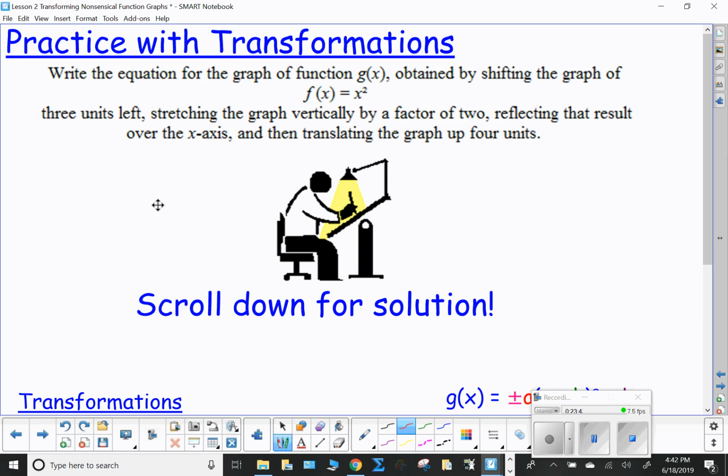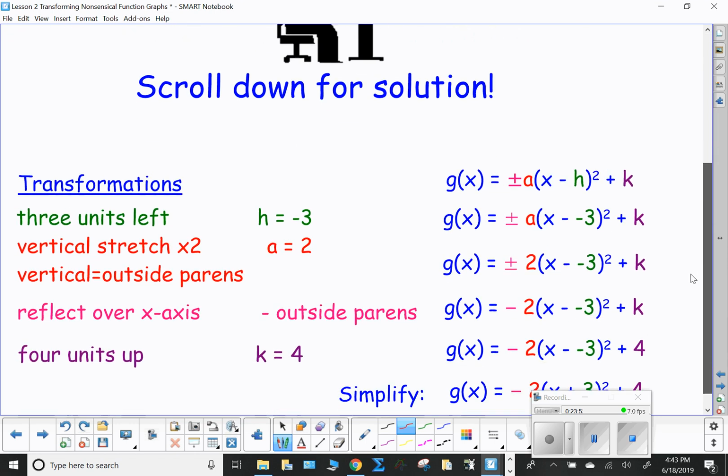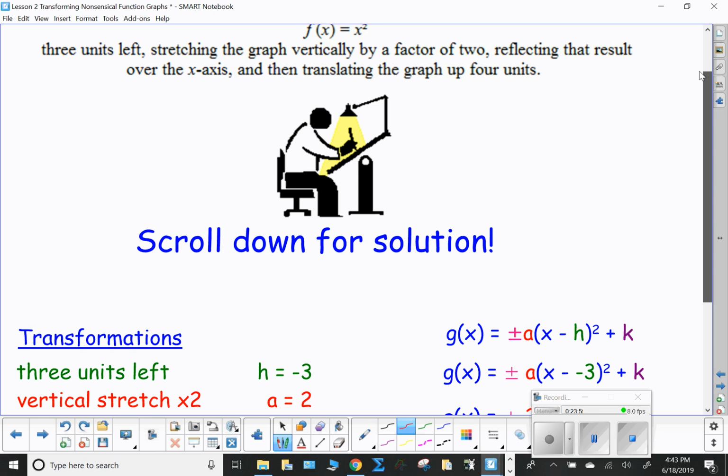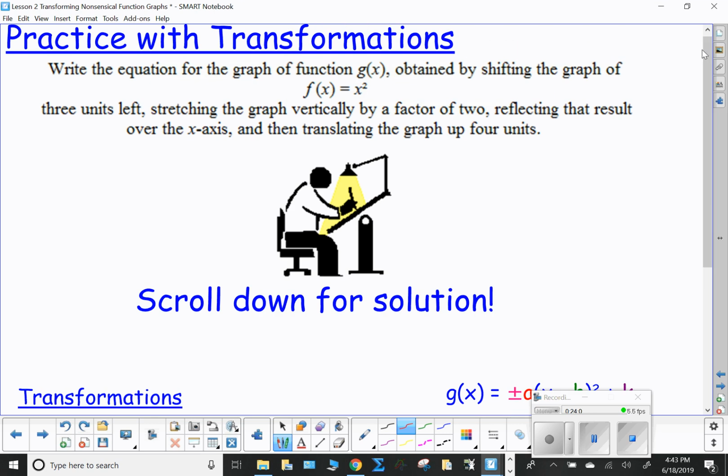So, some practice with transformations. At this point, I'm just going to pull this down here and show you how you would do this. If you wanted to write an equation for the graph of g of x obtained by shifting the graph f of x is equal to x squared 3 units left, stretching the graph vertically by a factor of 2, reflecting that result over the x-axis and translating the graph up 4 units.